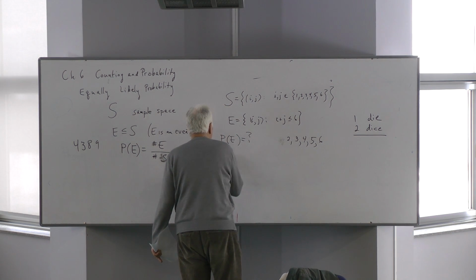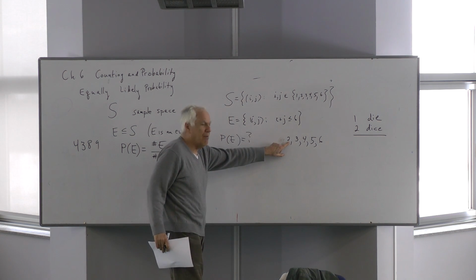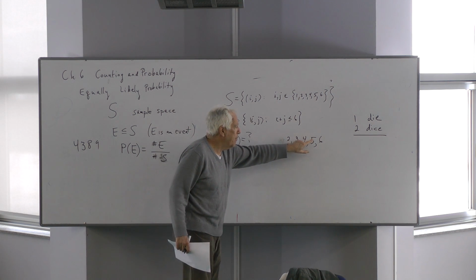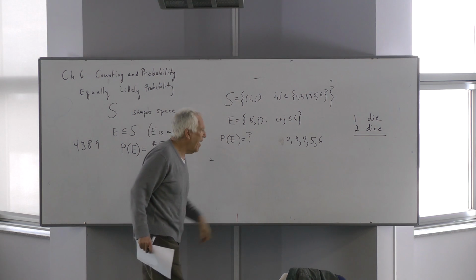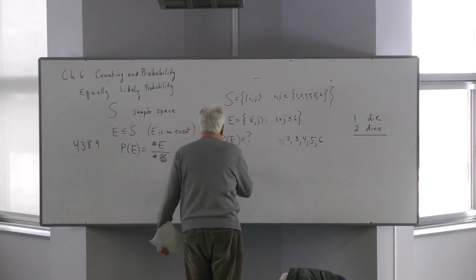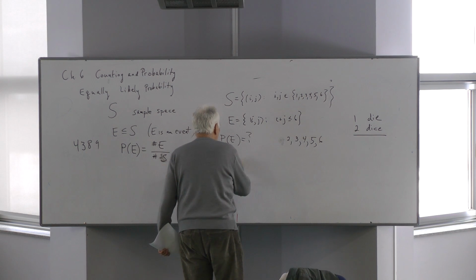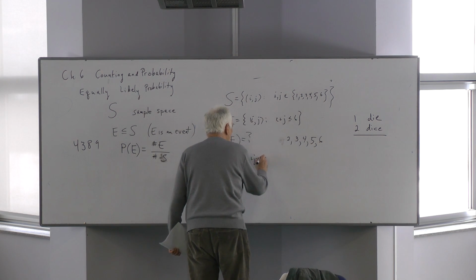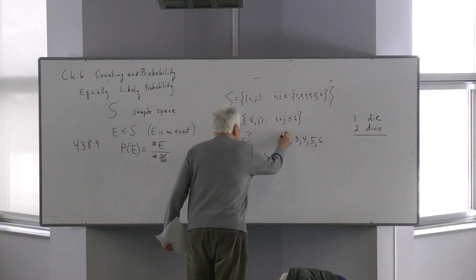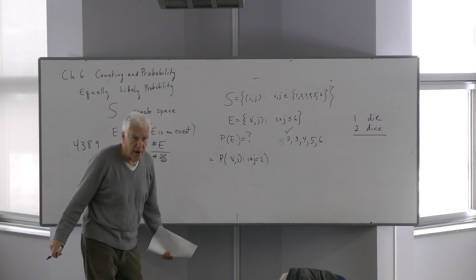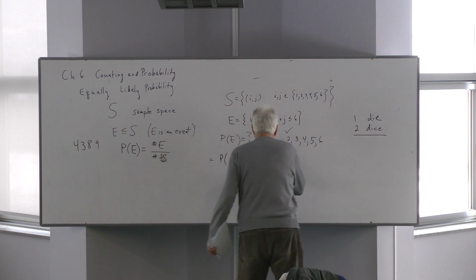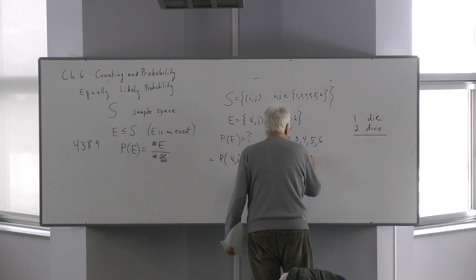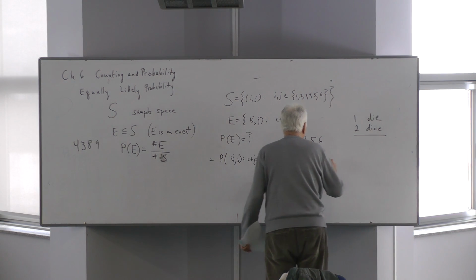So the number I'm looking for is the probability of this, plus the probability of that, plus the probability of that. It's the sum of 5 probabilities. For instance, the IJ such that I plus J is 2. That's one possibility, or that it's 3. The probability of those pairs I and J so that I plus J is 3, and 4 and 5 and 6.